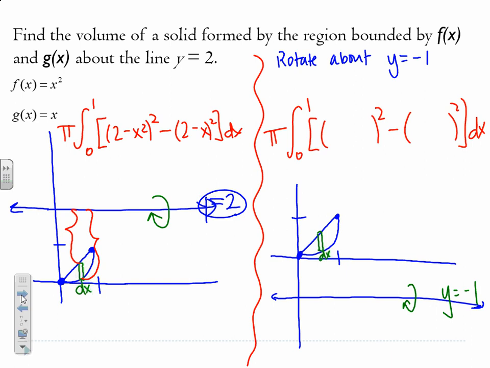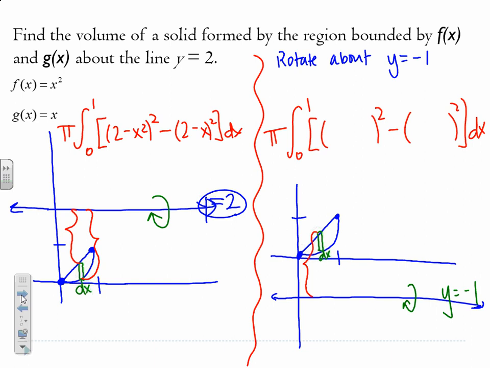We said it was g of x. Okay, since now we're underneath, the top of our rectangle is furthest away. Do you agree? So from the top of the rectangle all the way to the axis of rotation, that's our outer radius. And we still have to keep in mind the top minus bottom.